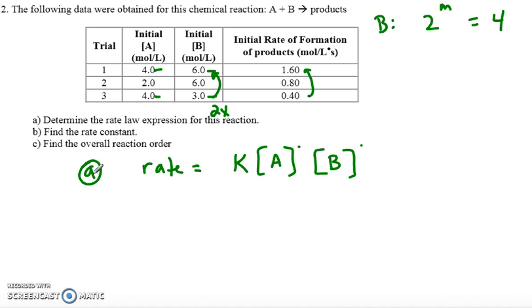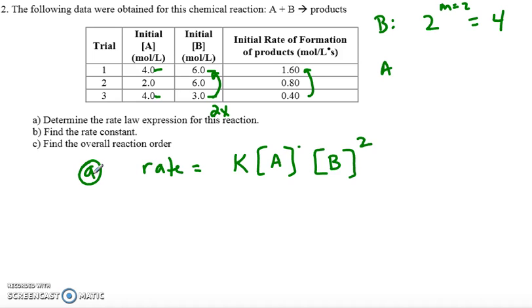I'm going to use the letter m here. What power of m do I need to raise the doubling to in order to get the increase in the reaction rate to be 4 times? Well, 2 squared is going to equal 4. So that means the exponent that I'm going to put on the reactant B is going to be a square, a 2.